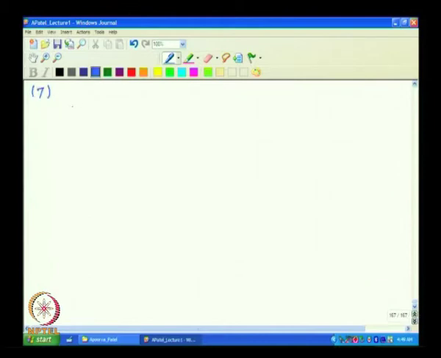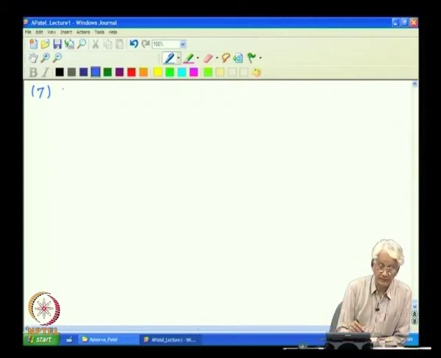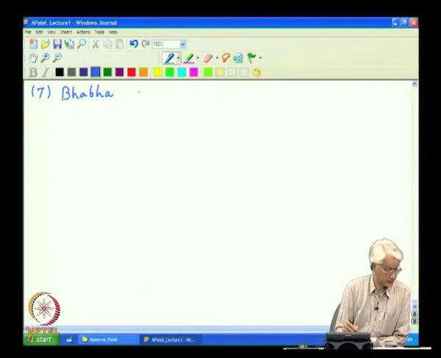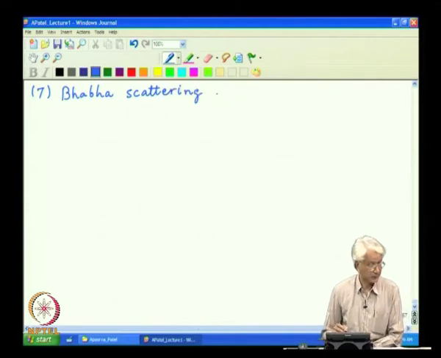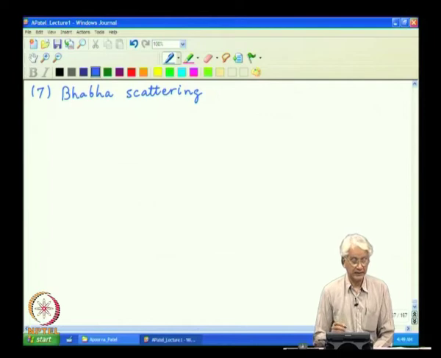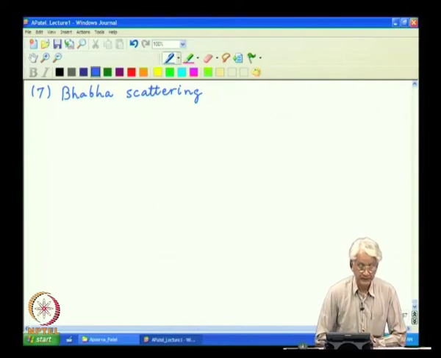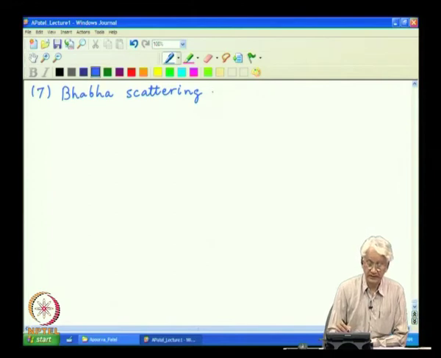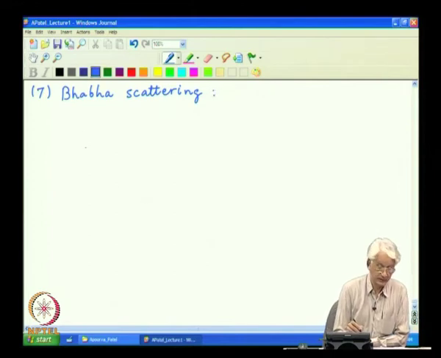Let me mention one more process, named after Homi Bhabha, who calculated the first correct answer for this cross section at tree level.